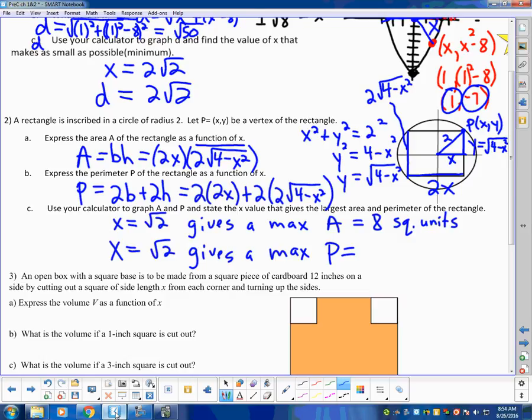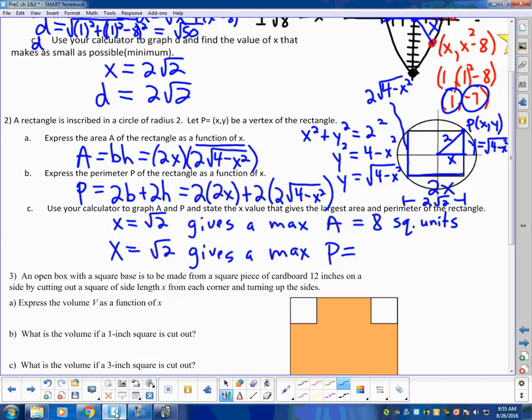Here's some insight on that. If root 2 is x, then that means 2 root 2 goes from here to here. So what's another way in exact form to represent the perimeter of this square? Yeah, there's an 8 involved.